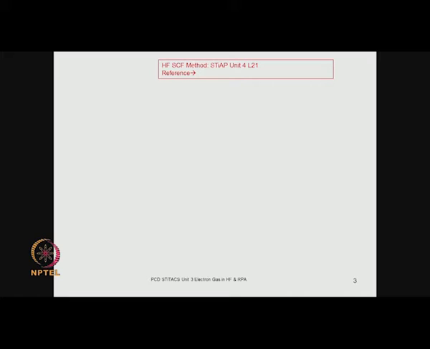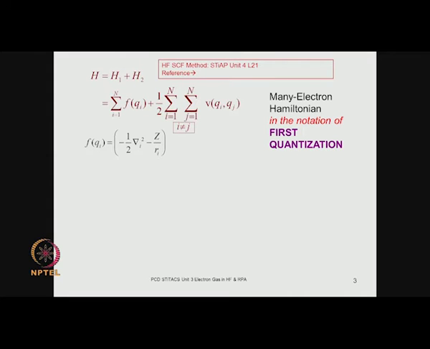Let me recall the basic Hamiltonian which we dealt with in the previous course on atomic physics, where we developed the self consistent field for the solutions of the Schrodinger equation for n number of electrons. The Hamiltonian was written as a set of one particle and two particle operators.